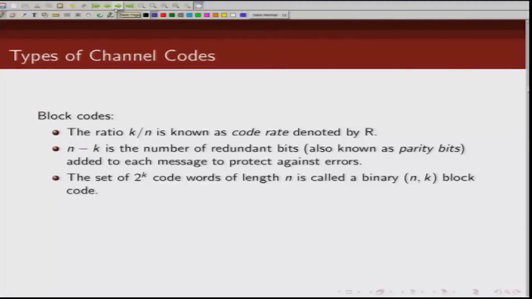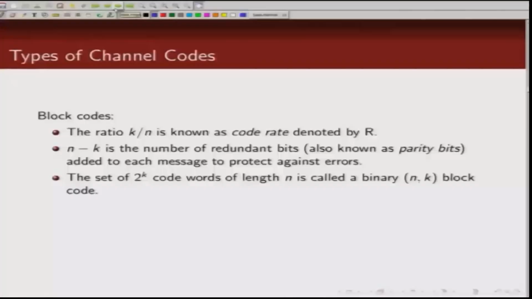Without loss of generality, we will consider binary code words in this set of lectures. So, our information sequence consists of zeros and ones, and similarly our code sequence also consists of zeros and ones. Since we are considering a block of k bits and binary code words, the number of code words is 2 raised to power k.